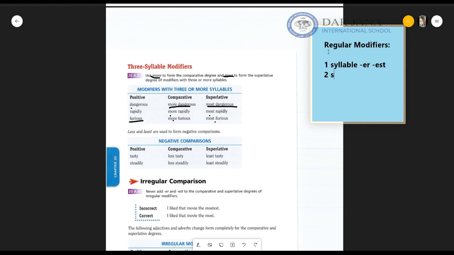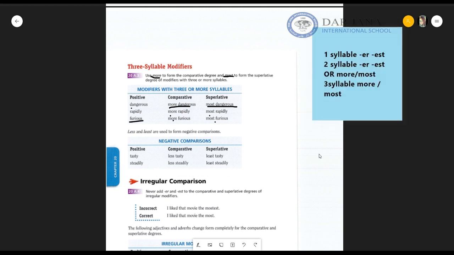I have the two-syllable, which takes ER or EST or more and most. And I have the three-syllable modifier, which takes only more and most. How do I know how many syllables? You have to snap.